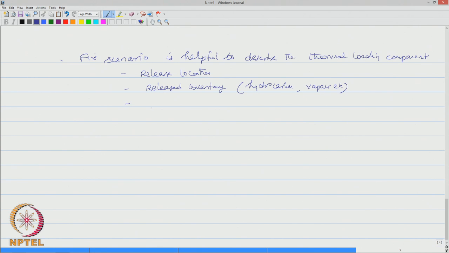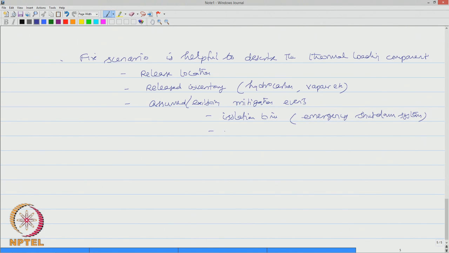It also deals with the assumed or existing mitigation events like isolation time in case when people use emergency shutdown systems.